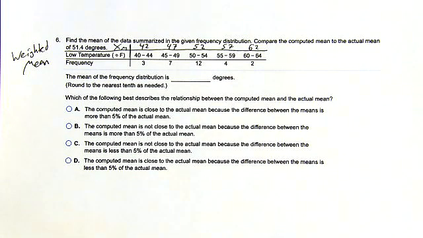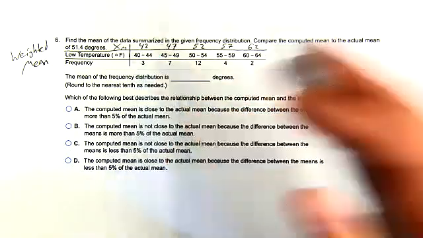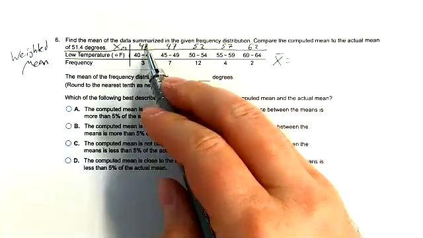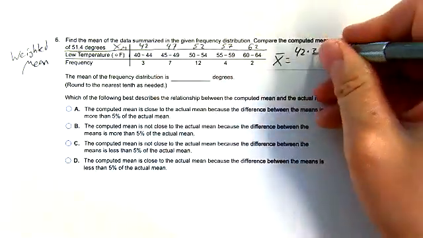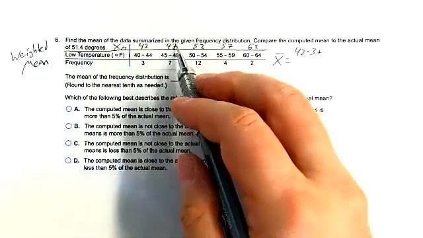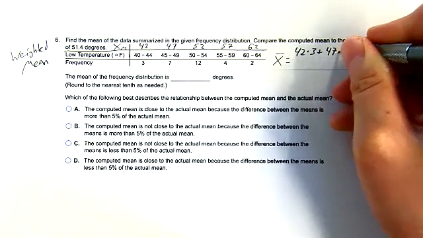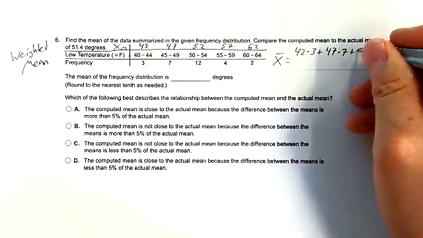So in this one, what we do is we take each midpoint times its frequency. So the mean, x bar, is going to equal 42 times 3 plus 47 times 7 plus 52 times 12.